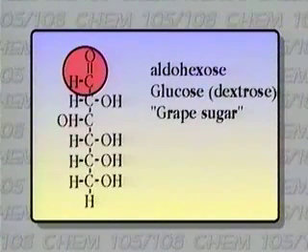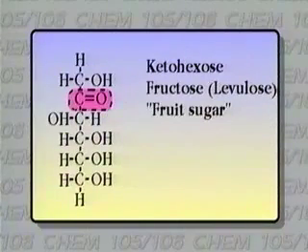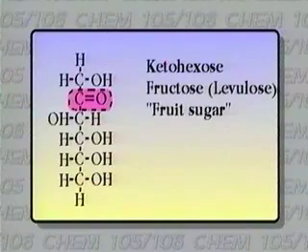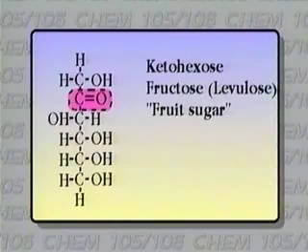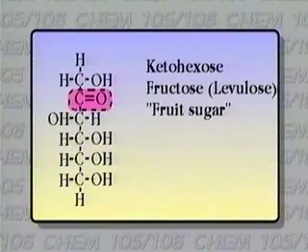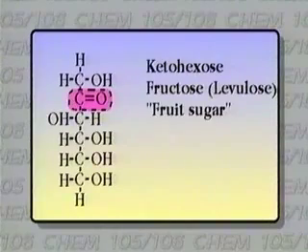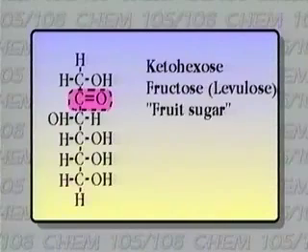We also have a ketohexose. Notice here, again, we still have the 6 carbons, and we still have 5 alcohol groups, but notice this time this carbon double bond oxygen, instead of being on an end carbon, which is typical of the aldehyde, is on a carbon in the chain. And so instead of being an aldehyde this time, this is a ketone.